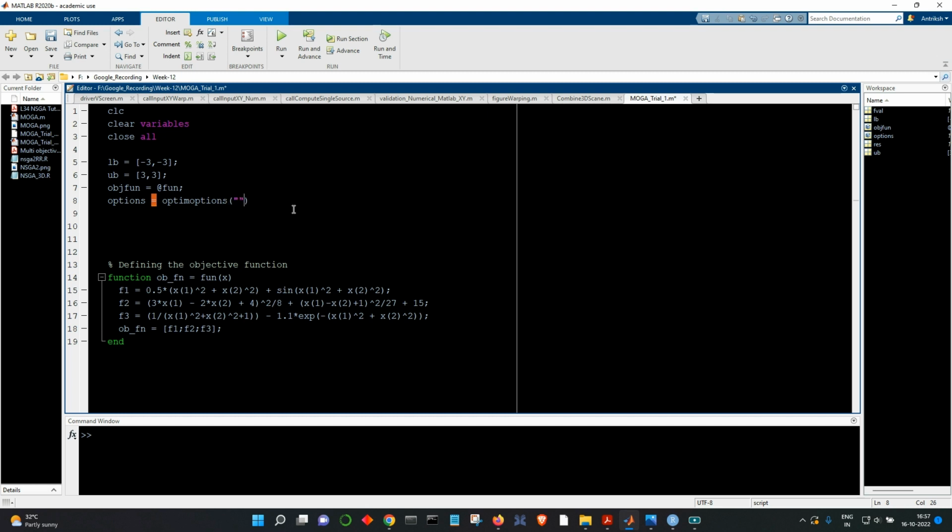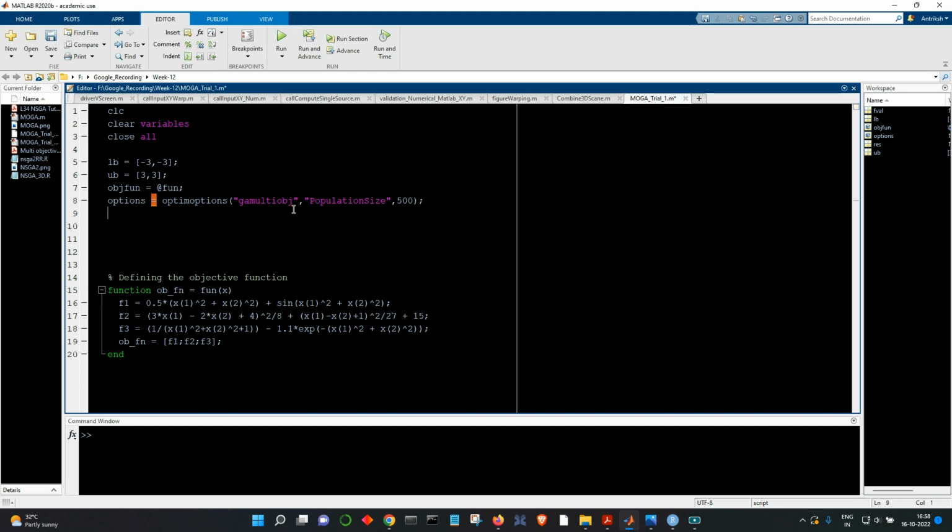It is going to be associated with what we are going to use here, GA multi objective, and here you need to give your population size of, let's say, 500. Okay, so this is our options.